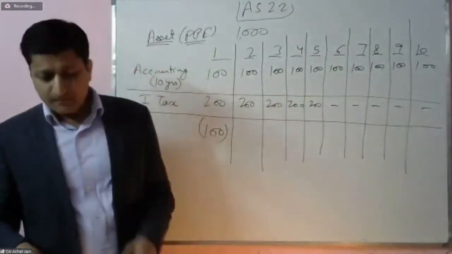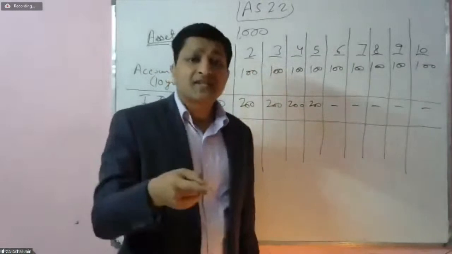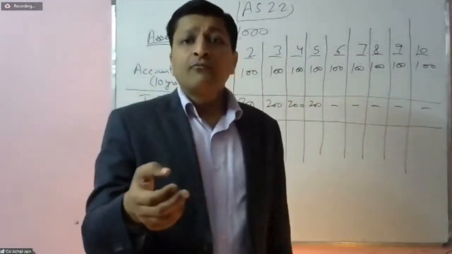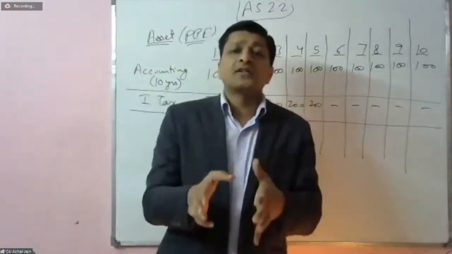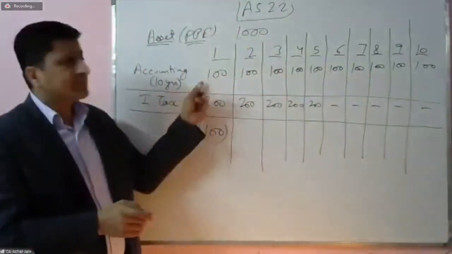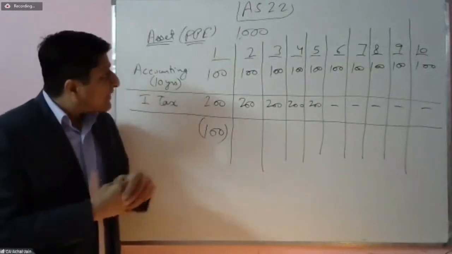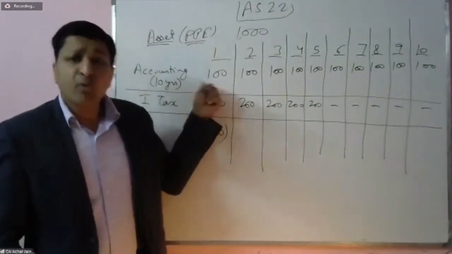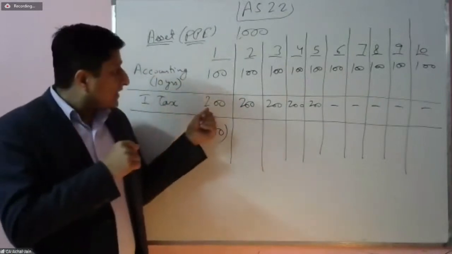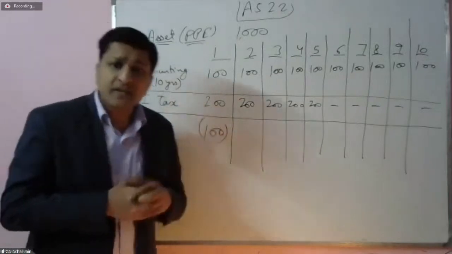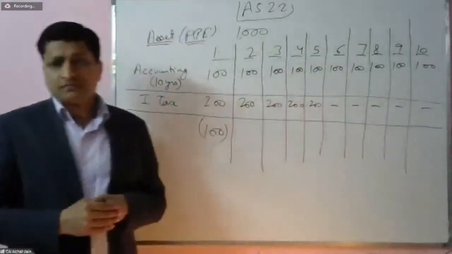And therefore, I will end up paying tax which is lower than the one which I would have paid if I had considered the income as per books. Yes or no? If I had considered income as per books only, without considering the depreciation charge as per income tax, then I would have paid higher tax.